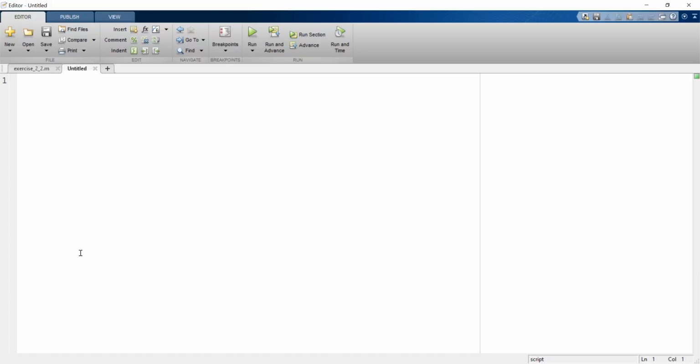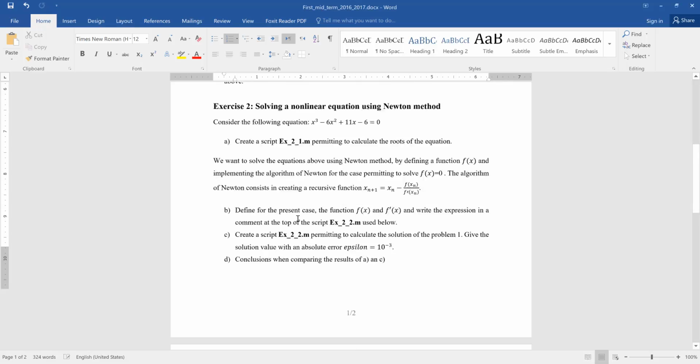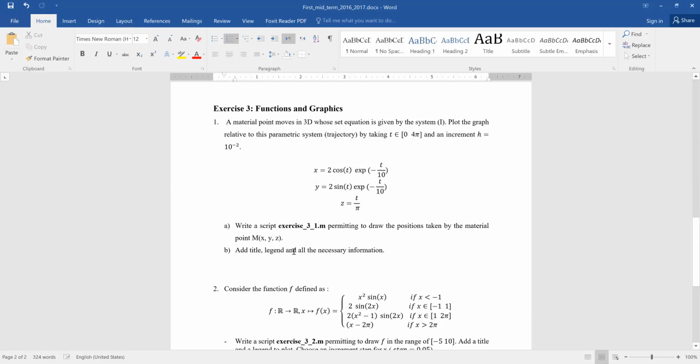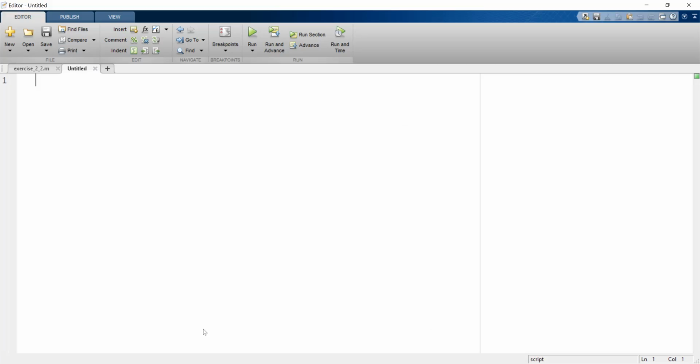Let's run exercise number 3. Exercise number 3 is very simple, with 2 parts. First part, the title, legend, etc. Let's go here. Same thing: clear all, close all, clc.